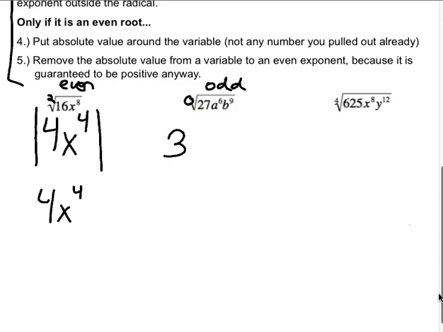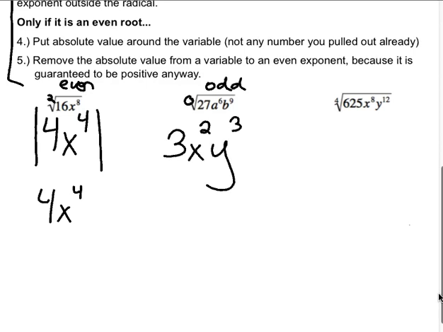How many times can 3 go into 6? It goes in twice. And how many times can 3 go into 9? 3 goes into 9 3 times. So it comes outside of the radical looking like that. And again, you don't have to worry about absolute value because it was odd to begin with.